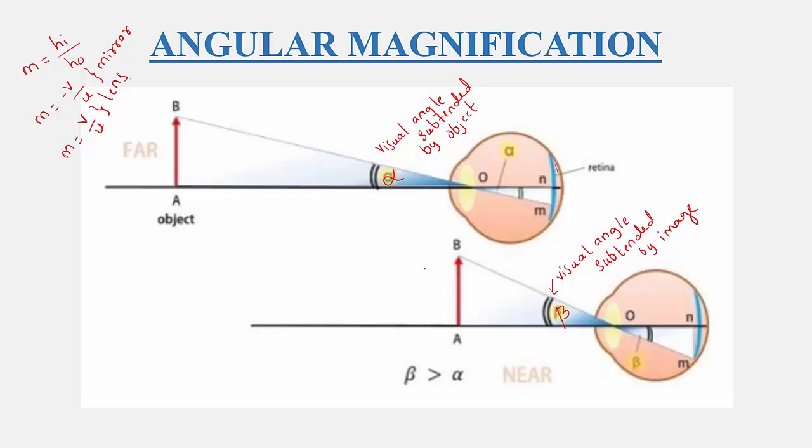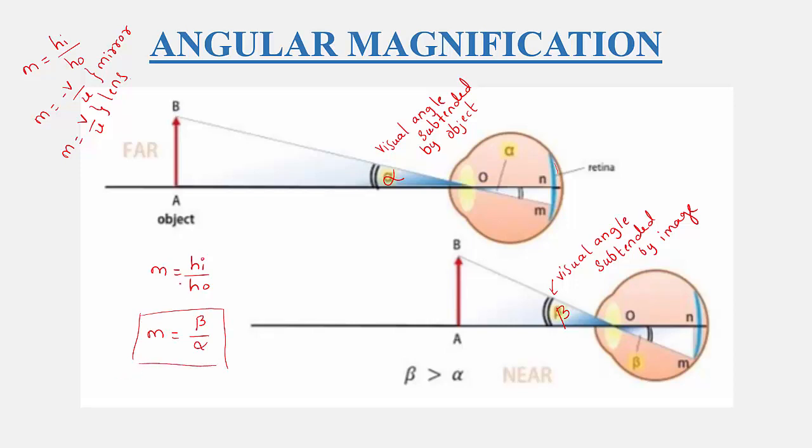Here we know that in linear magnification we wrote the equation m = height of image to the height of object. But in angular magnification we write the angle subtended by the image, that is beta, and the angle subtended by the object at the eye, that is alpha. So this is called angular magnification, right?